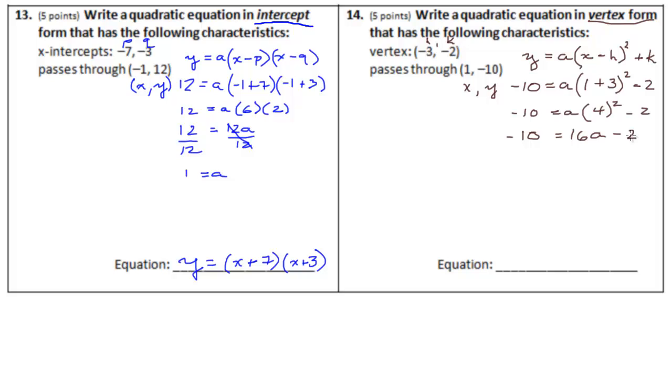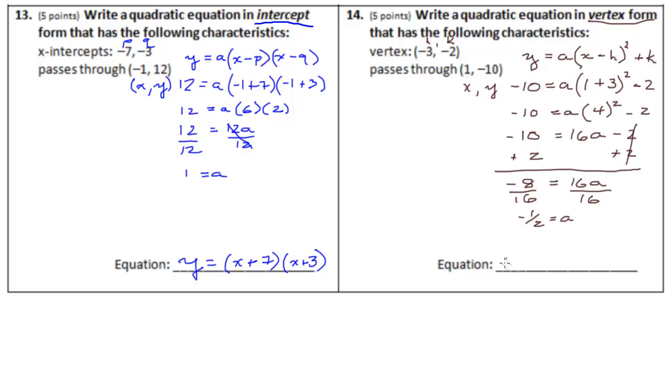We're going to add 2 to both sides to continue. And we get negative 10 plus 2 is negative 8 is equal to 16a. So divide by 16 to solve for a. And we get a is equal to negative 1/2.